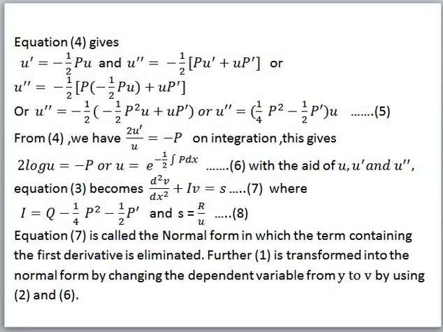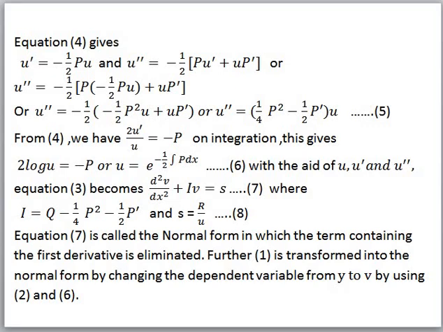Substituting the u dash value, that is minus 1 by 2 p into u, u double dash is equal to 1 by 4 p square u minus 1 by 2 p dash into u, taking u as common, that is u double dash is equal to 1 by 4 p square minus 1 by 2 p dash, into u. We call it equation 5.